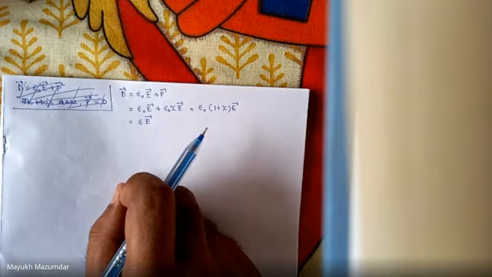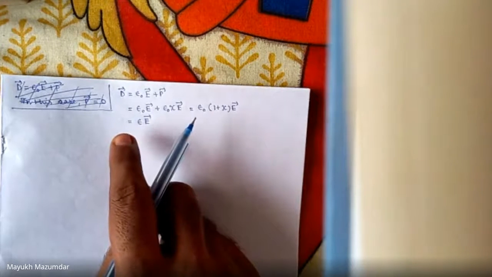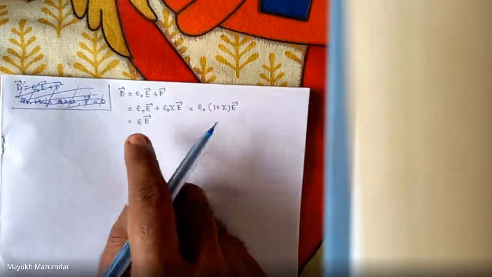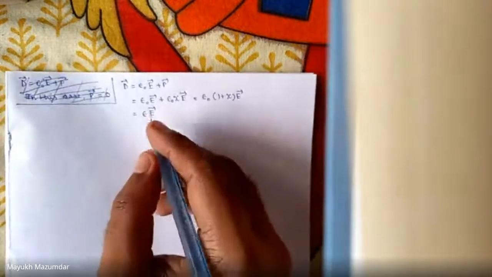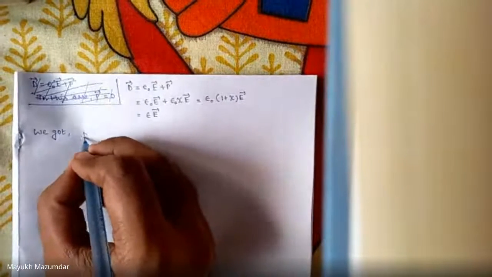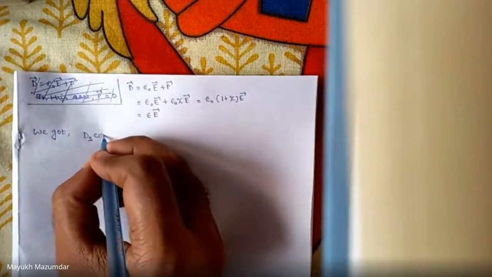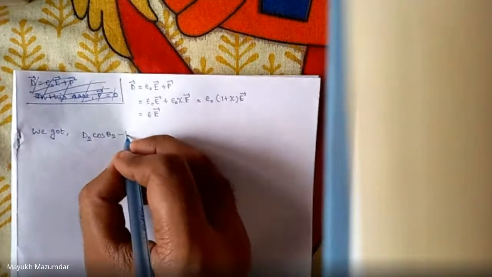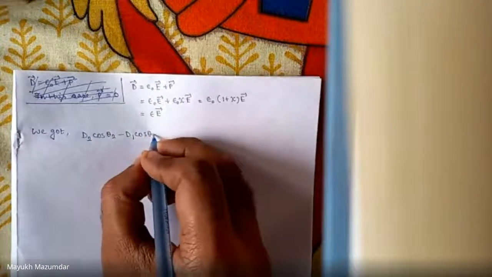So what if I want to see whether the normal component of electric field changes or not across the boundary? That is, what is this condition in terms of E? What we just got was D2 cos theta 2 minus D1 cos theta 1 equals sigma.